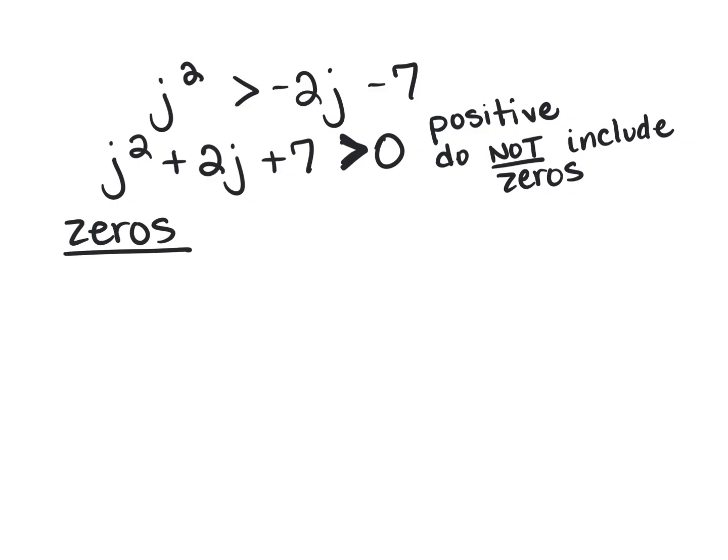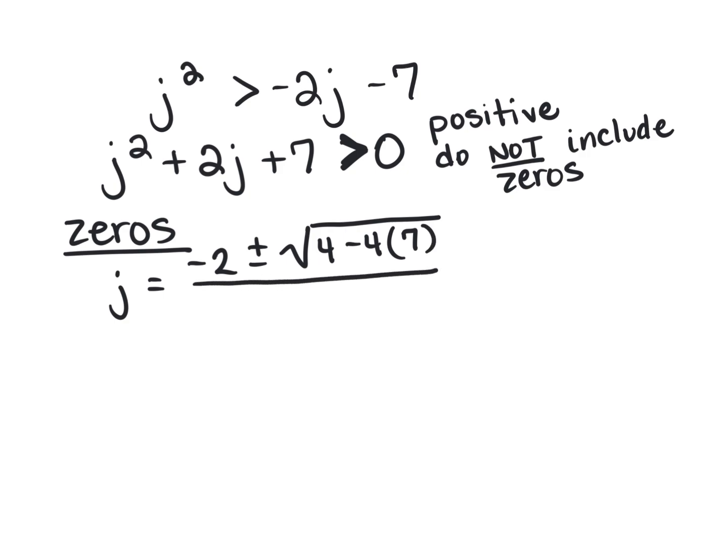All right, now the others have been fairly easy because they've been factored. This, however, is not factored, and it can't be factored. So we are going to have to use the quadratic formula. So we have j is equal to negative 2 plus or minus the square root of 2 squared, which is 4, and then minus 4 times a times c, which is 7, all over 2 times a, which is 2.